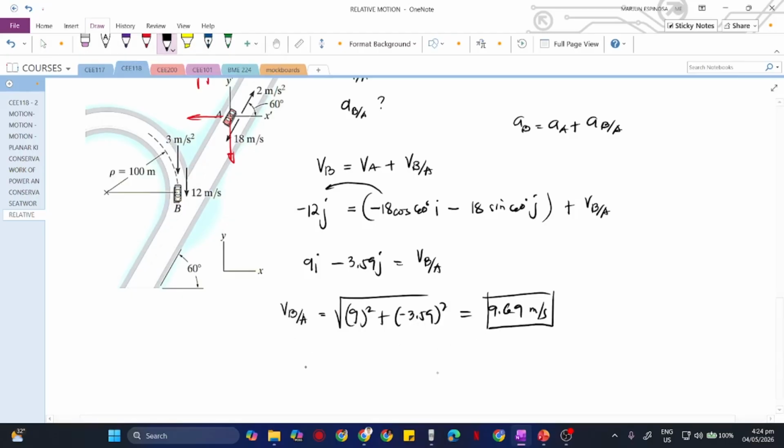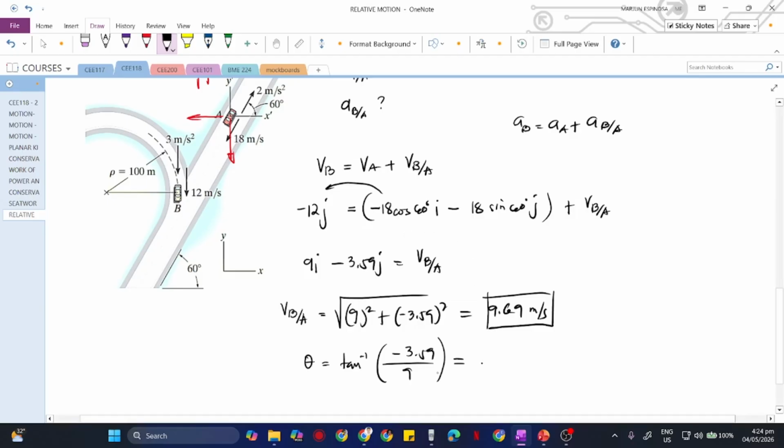What is the angle? Arctan of our y, which is negative 3.59, divided by 9. What value do you get, class? Correct.